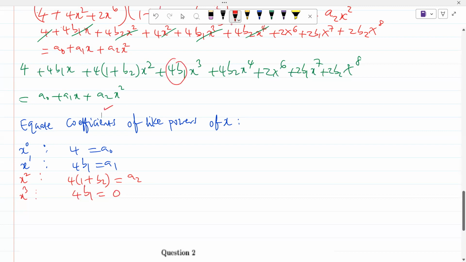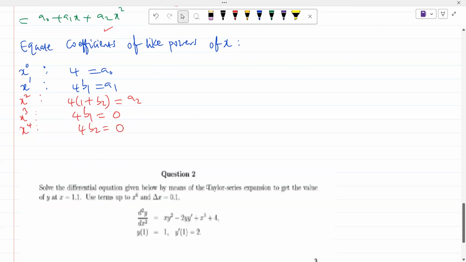Now the quartic terms: 4b2 is the same as 0, because there's no fourth degree term on the right. Equate coefficients of like powers of x.